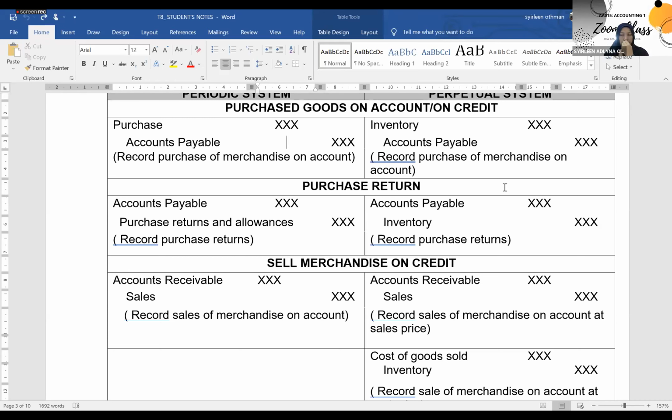Tapi kalau kita guna periodic system, you akan tunggu sampai hujung bulan, baru you buka balik you punya file, you tengok you punya sales, you tengok you punya purchase, lepas tu baru kita akan kira kita punya beginning inventory and also your ending inventory. So kita kira sekali saja towards the end. Tapi kalau tengah-tengah bulan, tiba-tiba manager tanya, ada berapa banyak lagi inventory yang kita ada untuk dijual bulan ni, you tak boleh bagi jawapan terus sebab you memang tak simpan record secara berterusan. That's the difference of the periodic and the perpetual system.